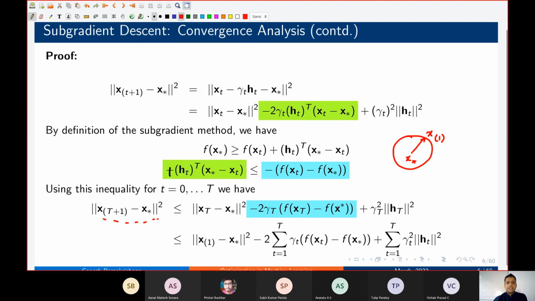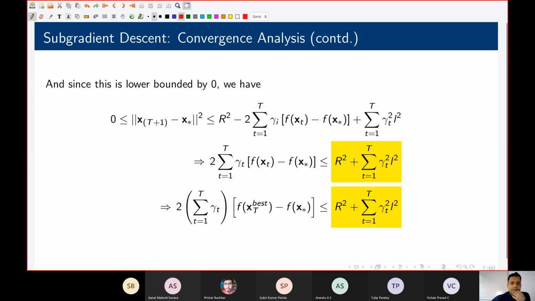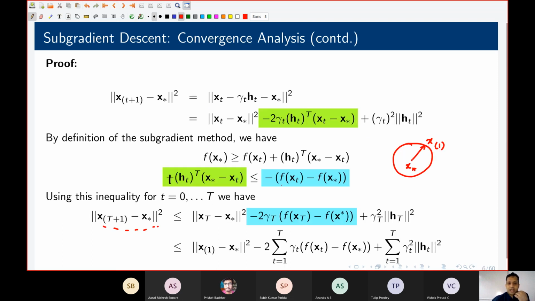Okay, so something like that. And that r square we use anyways. The other thing we notice is that the left hand side is also greater than or equal to 0.